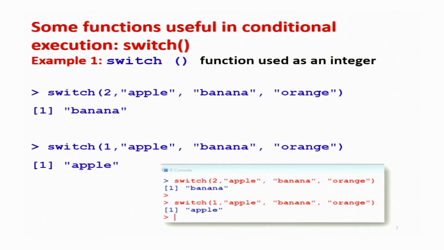The first example I am taking is where I use this switch function with an integer. Suppose I have a list, and this list has 3 values, say apple, banana and orange, and because these are characters, I give them inside quotation marks. Now you have 2 options.